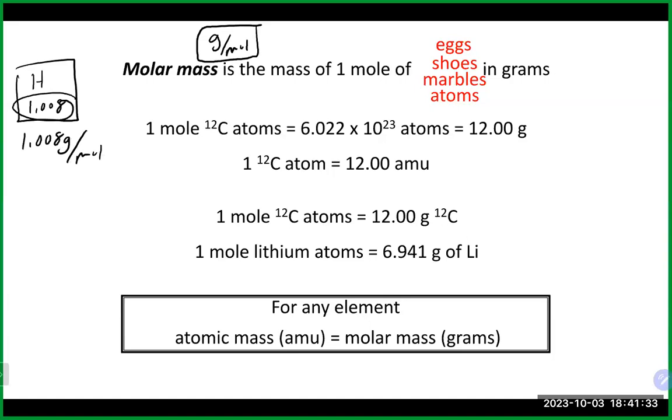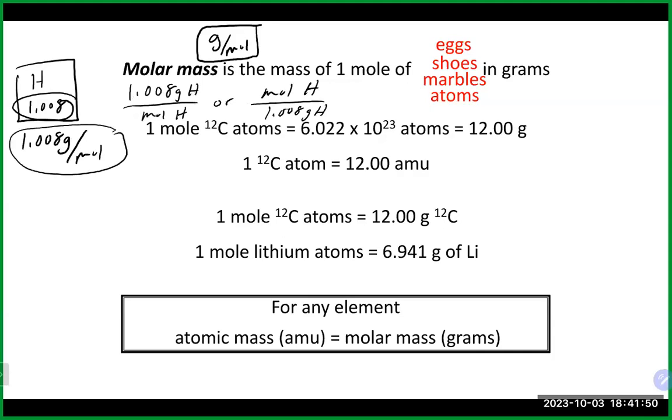We can use this as a conversion factor of 1.008 grams of hydrogen in a mole of hydrogen, or again, a mole of hydrogen would have 1.008 grams of hydrogen. If you're asked what the molar mass of hydrogen is, that would be the answer right there, 1.008 grams per mole.